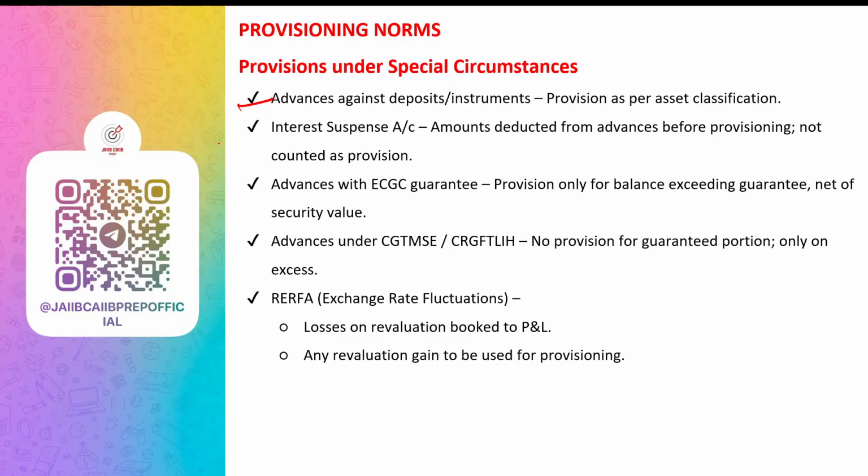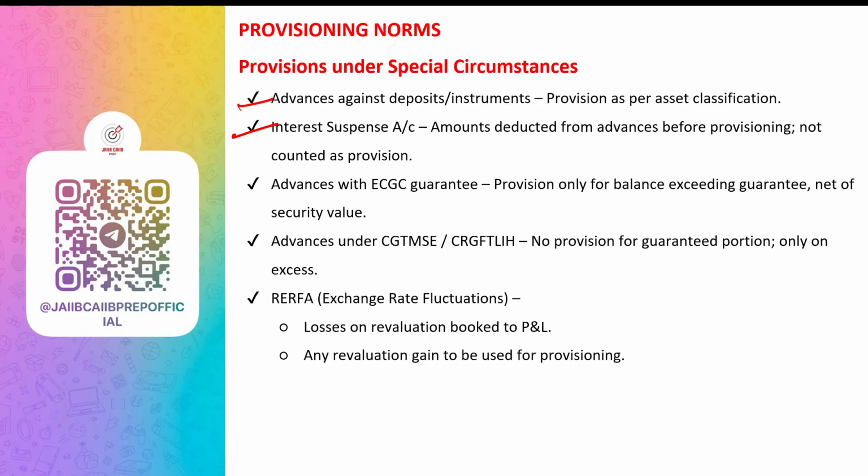Interest suspense account. So when interest is overdue, instead of adding it to income, banks put it in an interest suspense account. This account cannot be treated as part of provision, and first it should be deducted from the outstanding loan balance. After that, the banks make provision on the reduced balances.